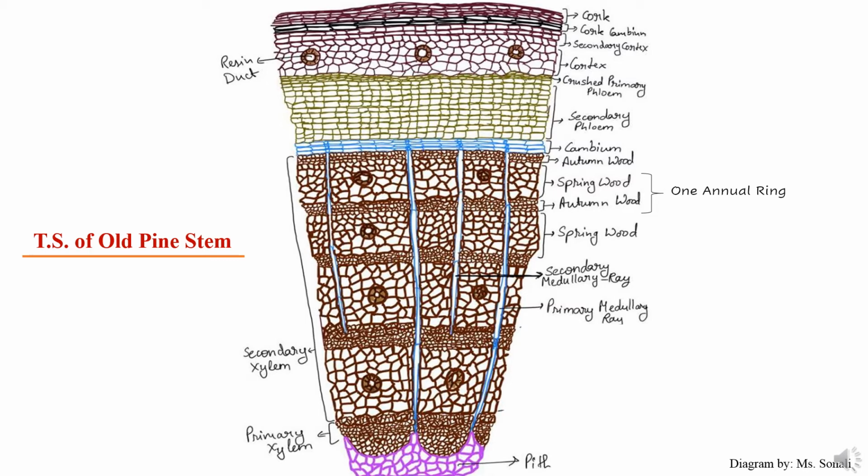Cork cambium is not present from the start but formed later by cortex cells and produce cork towards outer side and secondary cortex cells towards inner side. This leads to the crushing of epidermis and hypodermis.